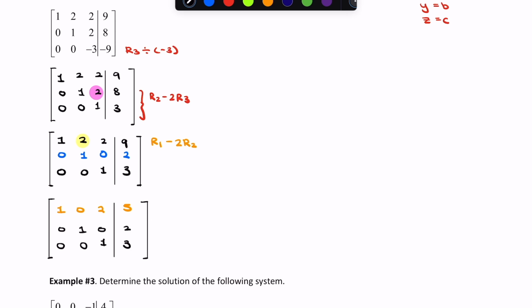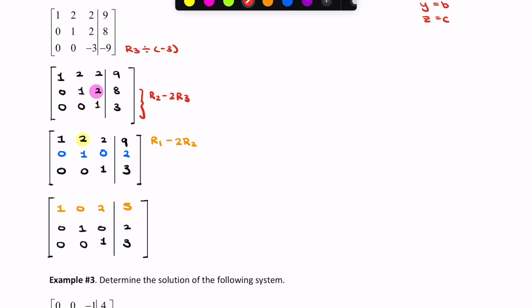Here, the next thing we have to simplify is this 2 value here. So we can take our R1 and subtract that by 2 R3. That will provide us with our reduced row echelon form. In row 1, 1, 0, 0, and 1, and -1.